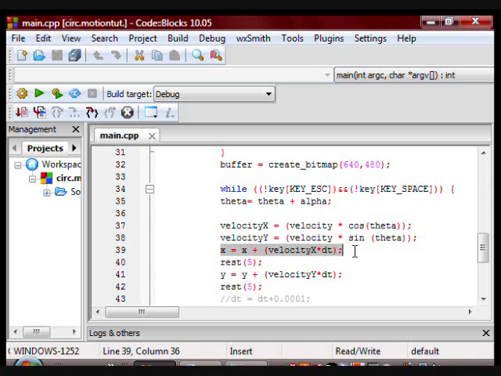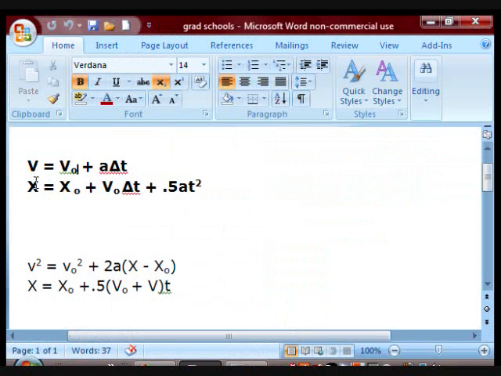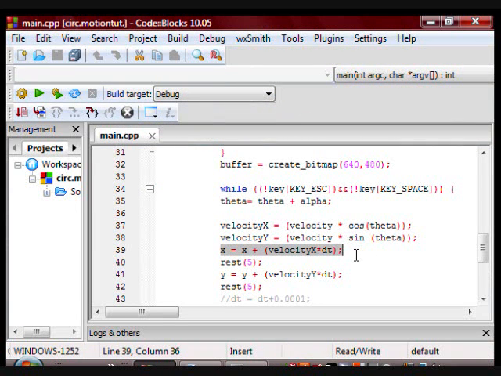This comes from one of the kinematic formulas, which states that final position equals initial position plus initial velocity times change in time plus 1/2 acceleration times change in time squared. Now the acceleration is 0, so this portion of the formula is 0, so we end up with this portion, which is the portion that I have in my code right here.